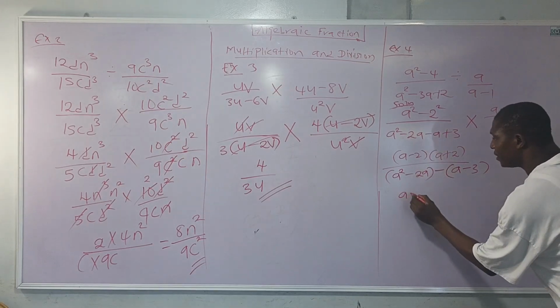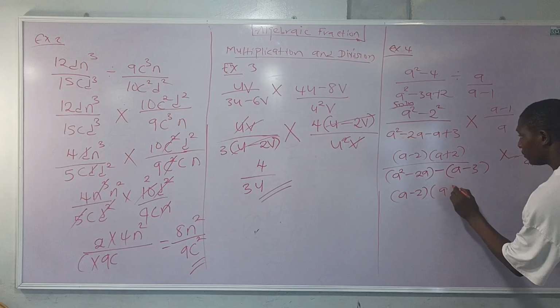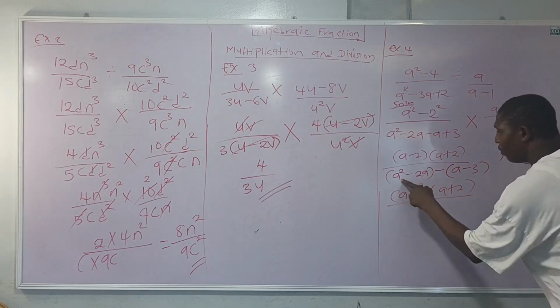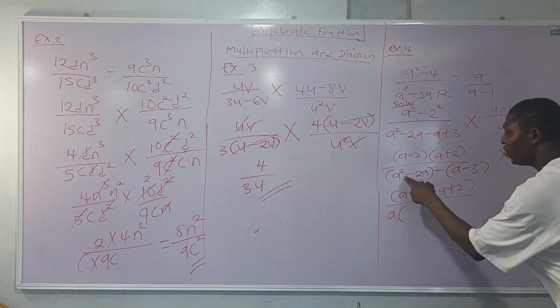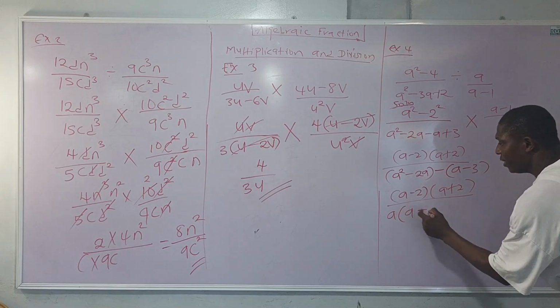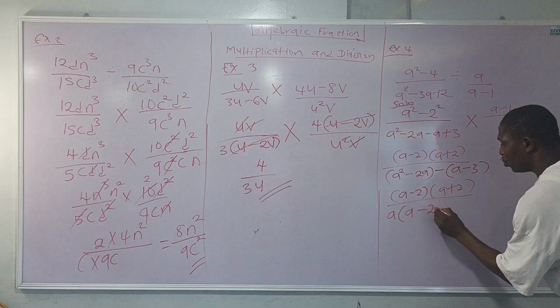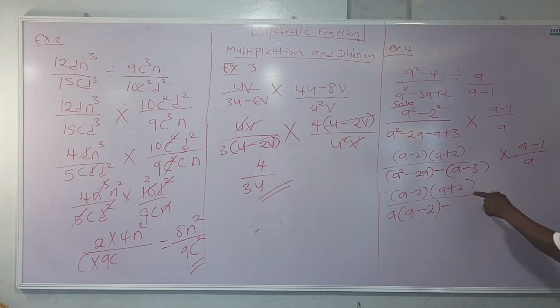And the top remains the same. And the bottom, in this bracket, you see a is common. If a squared is divided by a, I'll have a. If 2a is divided by a, I'll have what? 2. Minus. Now I have a, which is in the grand state, and 3, which is also in the grand state. So what's common there is 1.